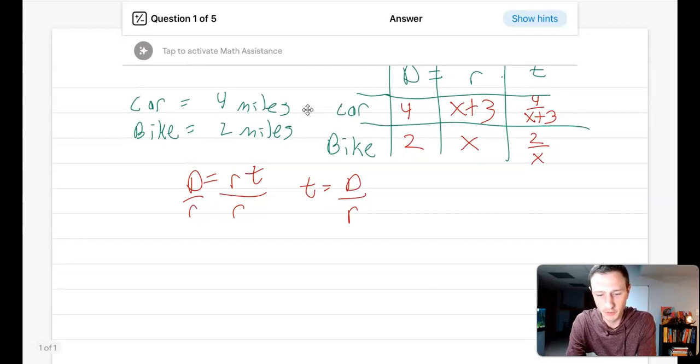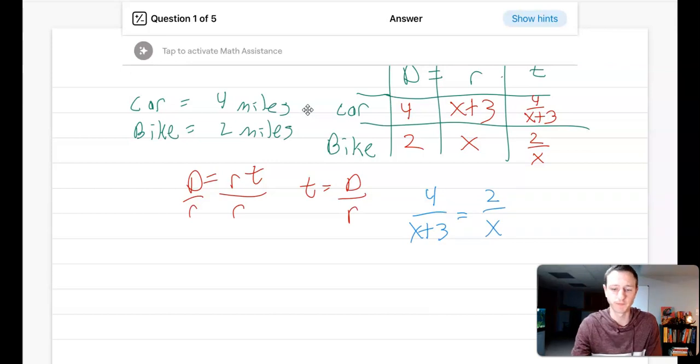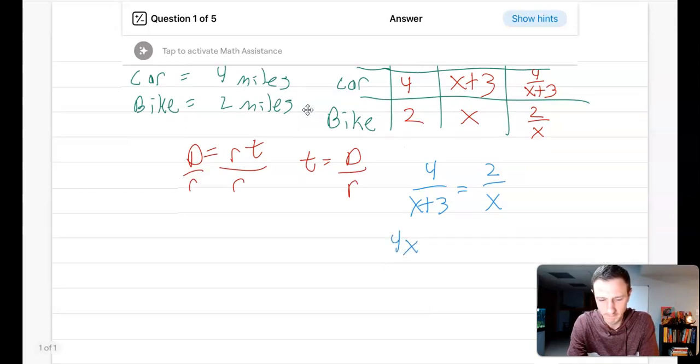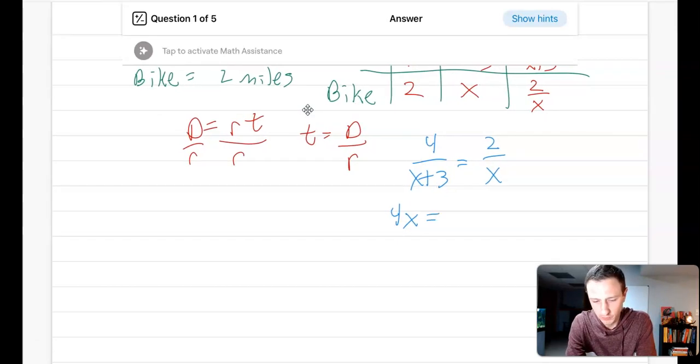And we just set up an equation here. We are going to say the times are equal. So car time, 4 over x plus 3, is equal to the bike time, 2 over x. And then solve the proportion. So 4 times x is 4x, equal to 2 times x plus 3. Solve for x.